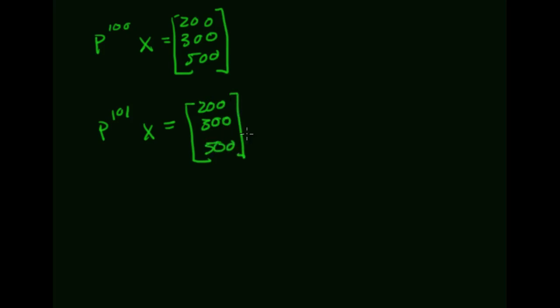So at least at that point, I understand that if I put the X matrix 200, 300, 500 into the P matrix, I'm going to get back 200, 300, 500, which means my steady state matrix is 200, 300, 500, and that solves problem number 5.